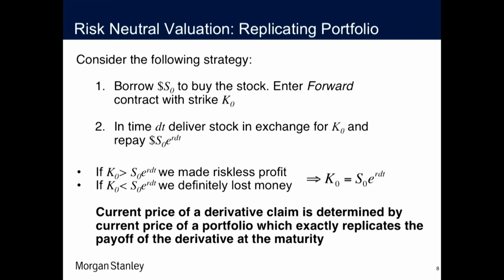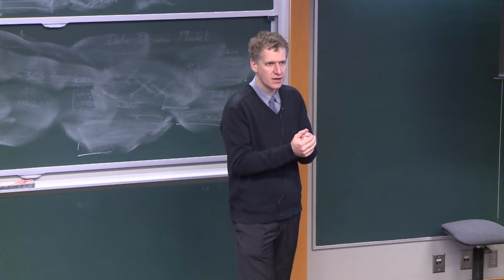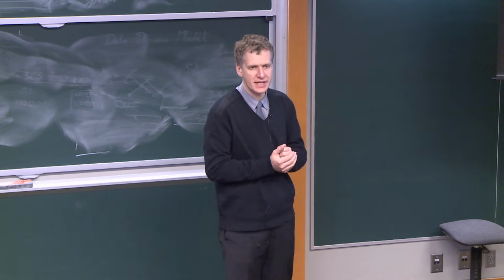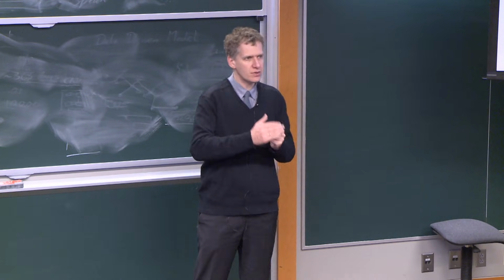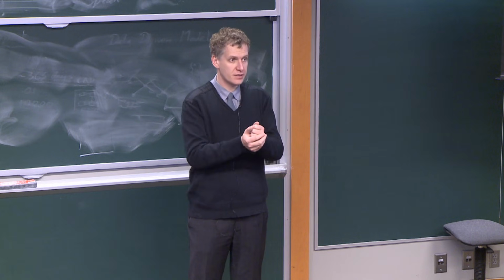Then we'll wait for one period. And at the same time, sorry, we enter on the short side of a forward contract. So we agree to sell the stock for some price K0. So in dt, in one period of time, the contract expires.